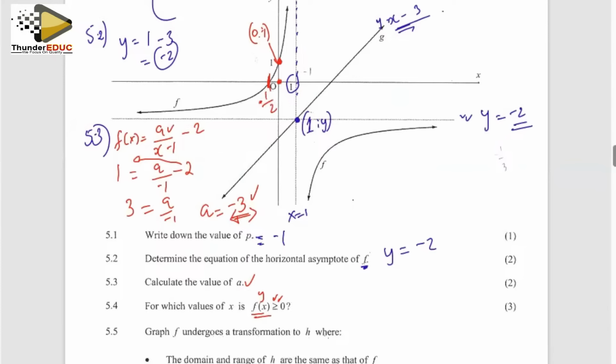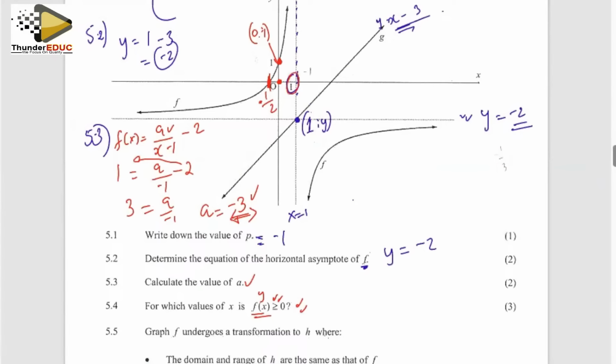This origin is here, the O. Now, since they want the values of x for which the graph is above the x-axis, greater or equal to 0, between this point and that point the graph is going to be above. But remember, the graph cannot touch this one.